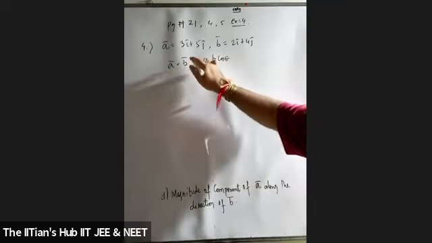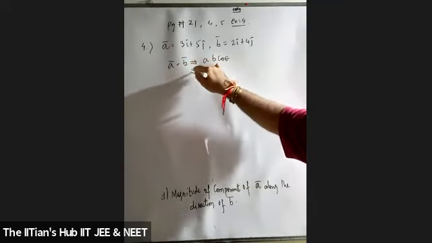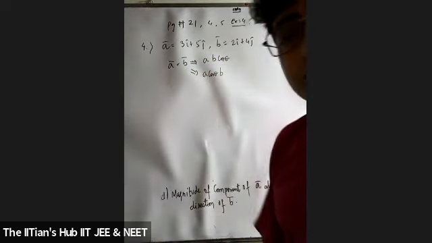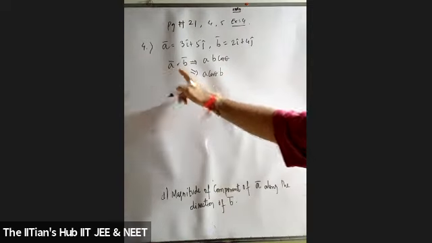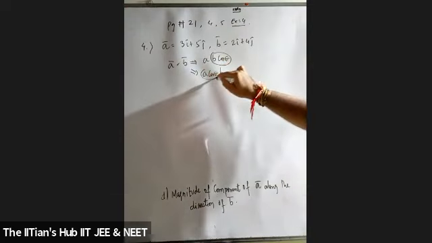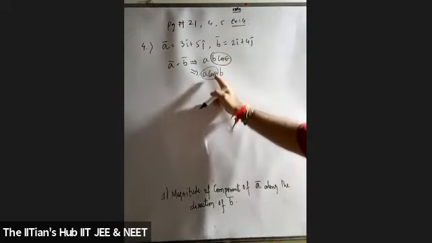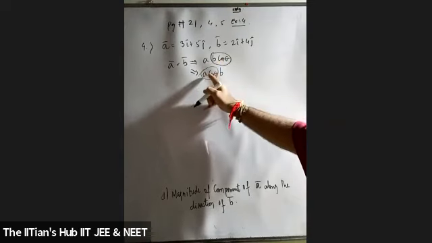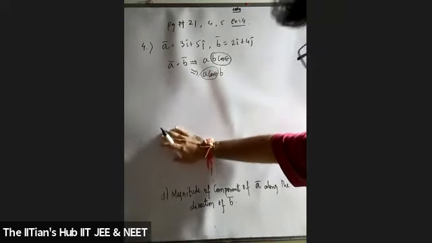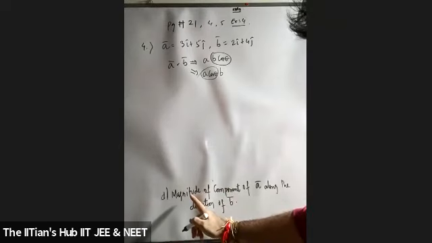In one form I can put it in this manner, or I can write it as A cos theta into B. Students, what exactly does this mean? The dot product of two vectors can be written in terms of component of B, or I can write component of A. What is this? What is cos theta? It's a component, either component of B or component of A. Now, suppose I use dot product, let us check it out. Listen to the answer, students. What has been asked?